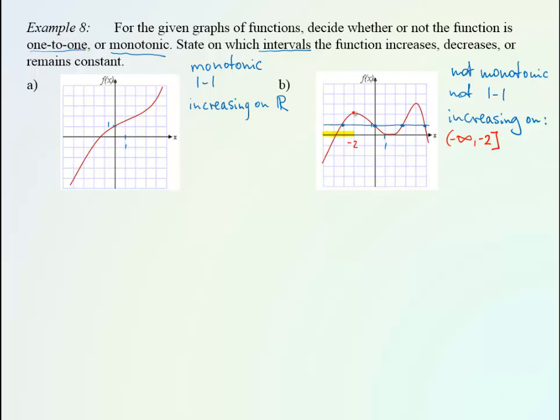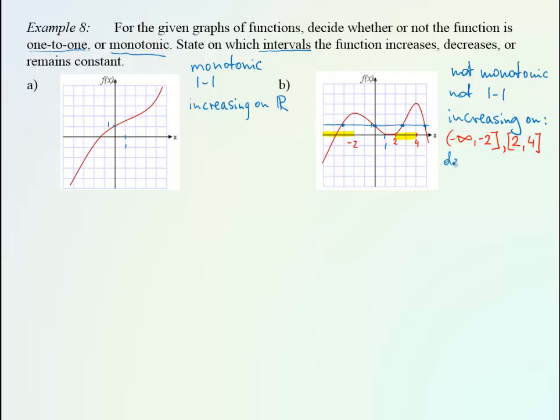We can include the endpoint. That's the tip of the hill. What else? Well, next the graph decreases. Then it looks like between 1 and 2 it's constant, and then increases again from 2 to 4. So the yellow segments are the intervals on which the function is increasing. So the second interval goes from 2 up to 4, square brackets.